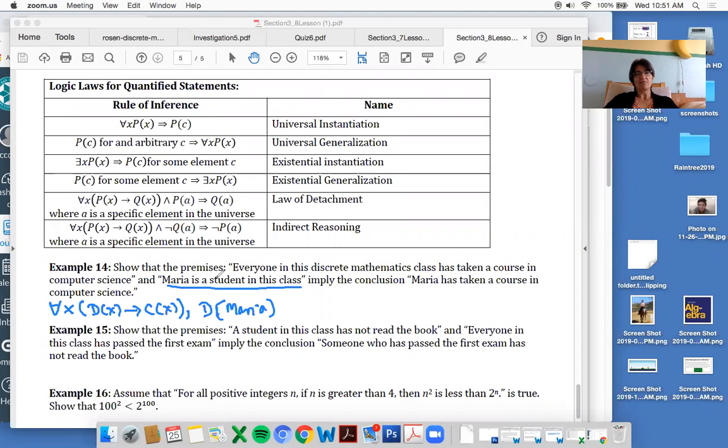So if I want to pick a particular student, that would be D of Maria: Maria is a student in our discrete math class. And we want to see if this implies the conclusion that Maria has taken a course in computer science, so C of Maria.